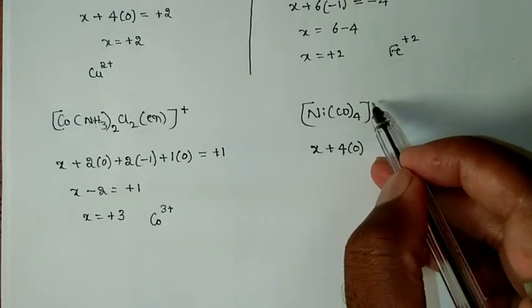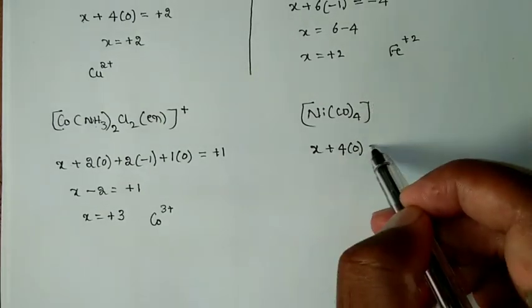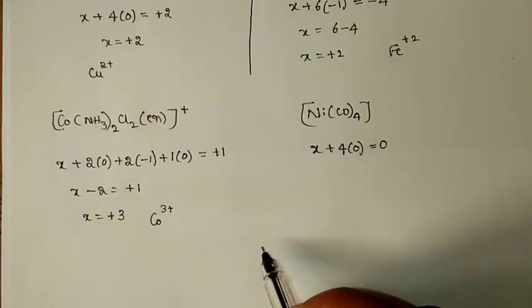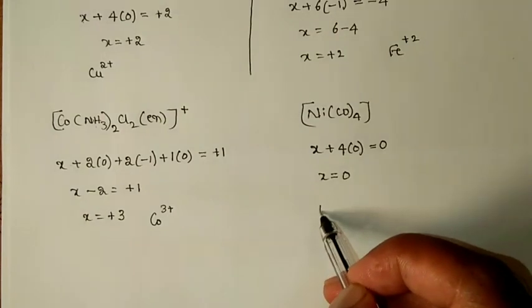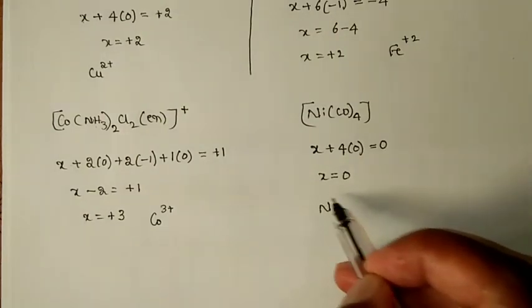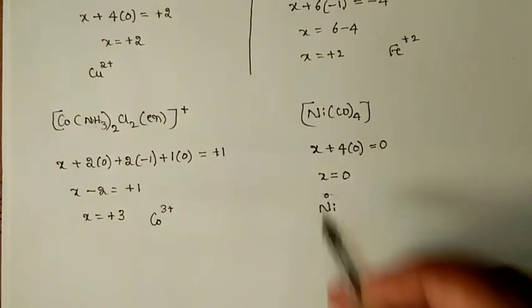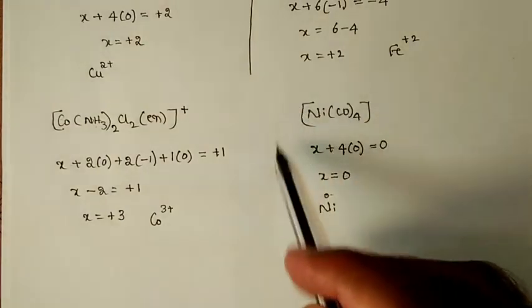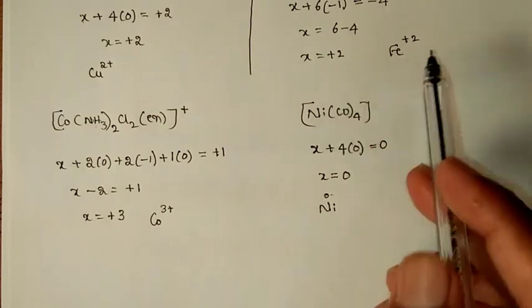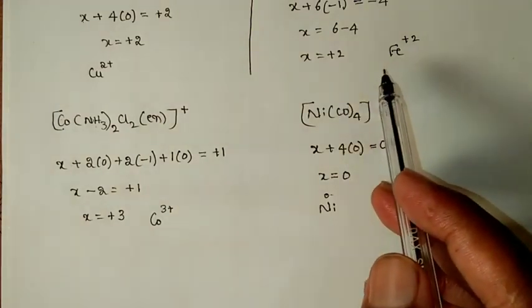So 0, and there is no charge present on the complex, so that will be equal to 0. Thereby X is equal to 0. That means in this complex nickel is present in the 0 oxidation state. Regarding this 0 oxidation state, we shall discuss in later videos.